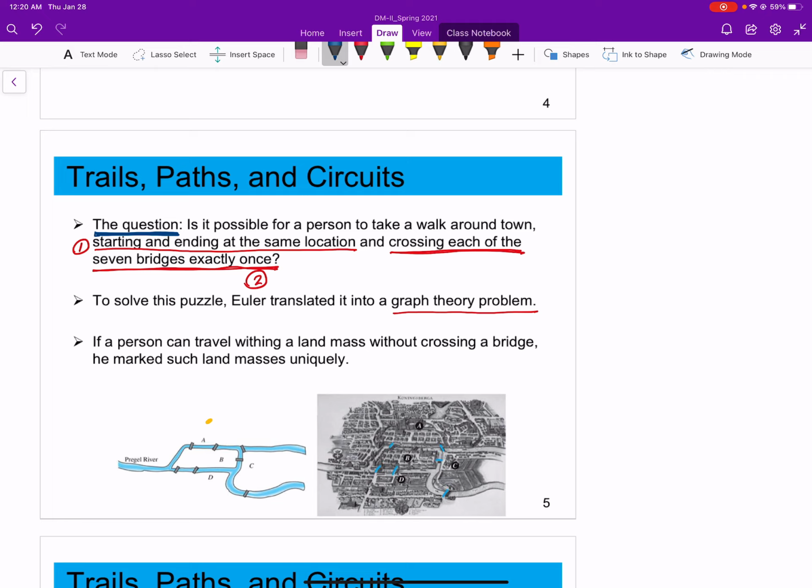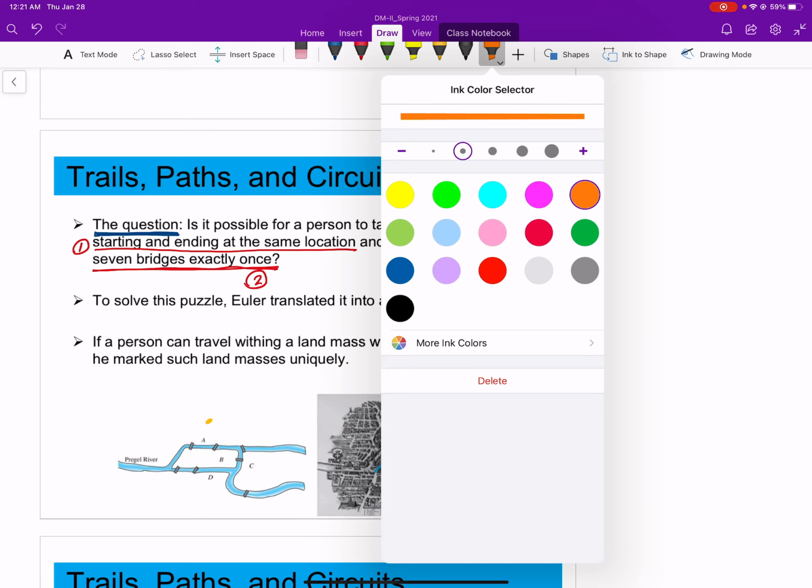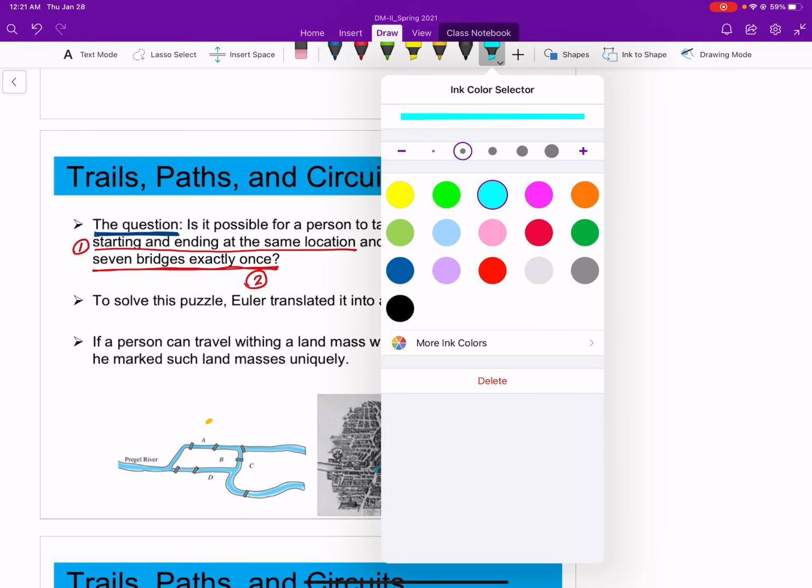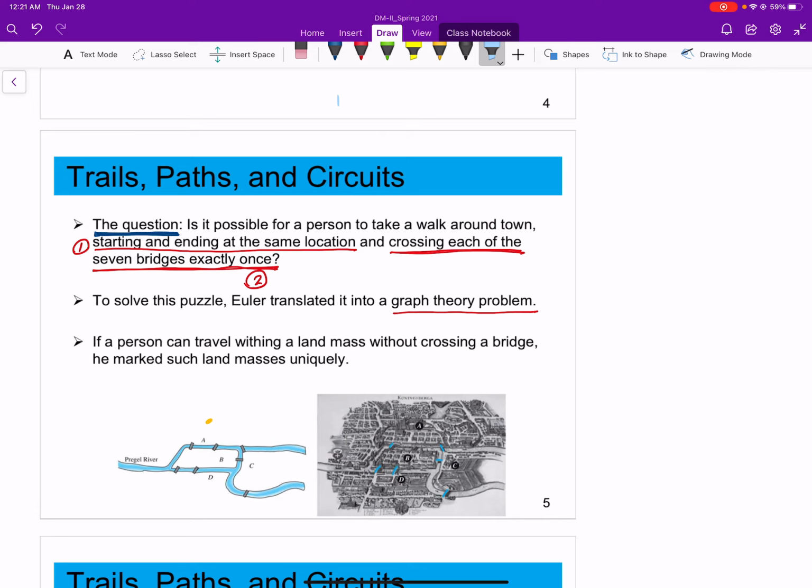Let's say you are starting from... first of all, let me highlight the river. I will use a different color. All right, so this is the river.